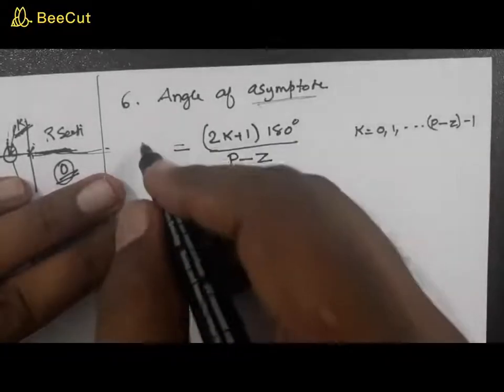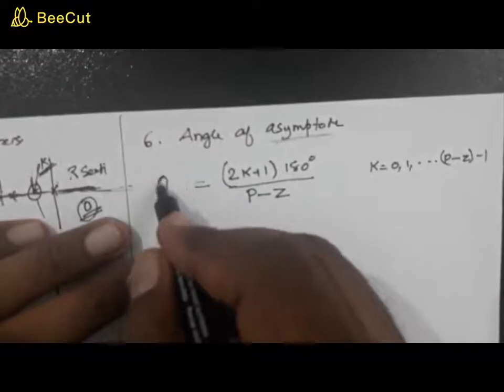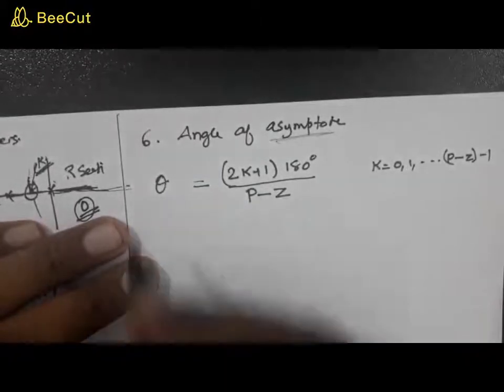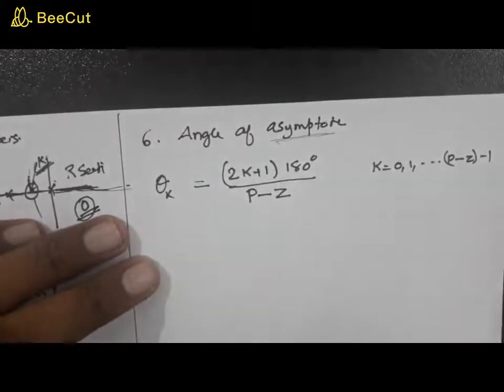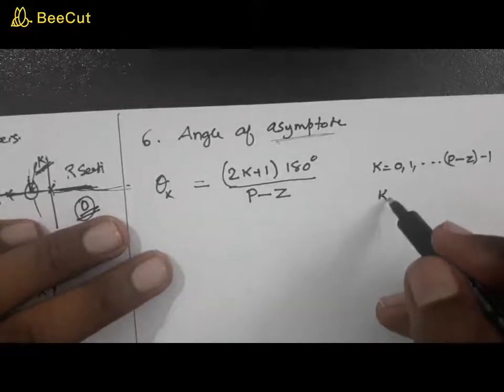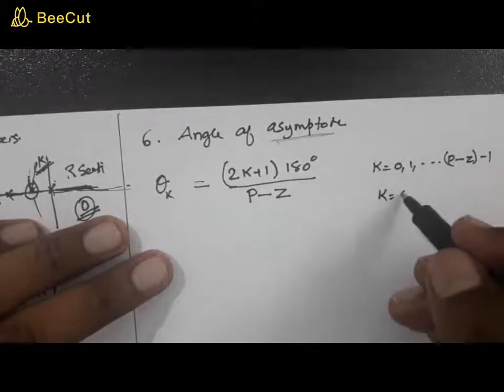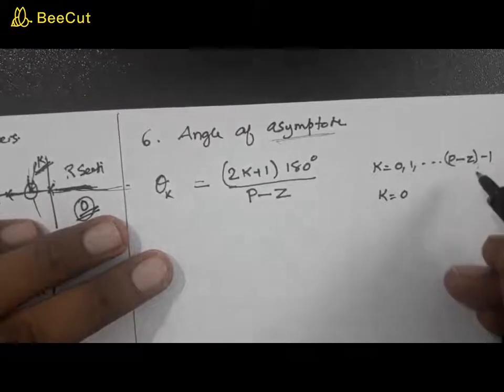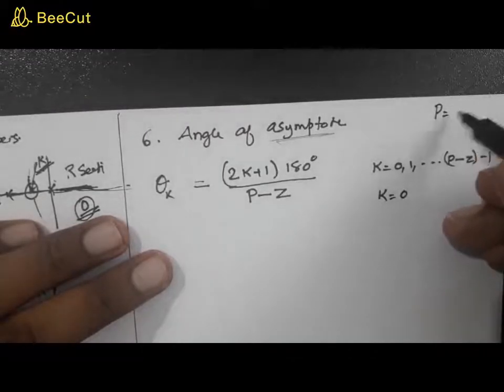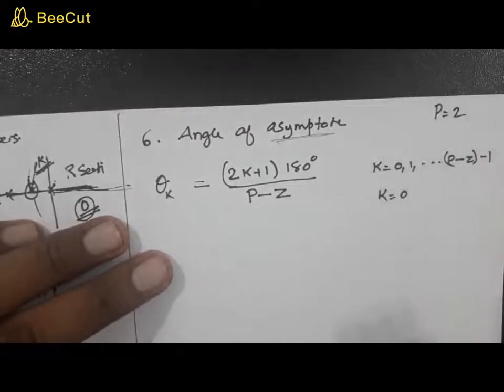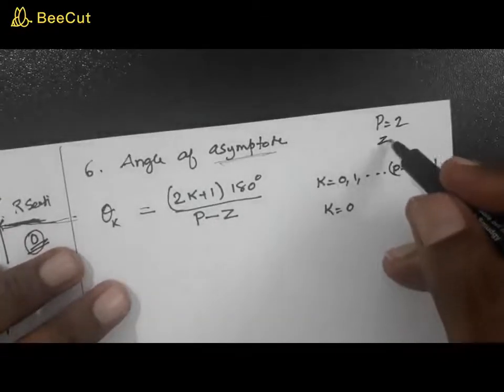So first of all, you need to find out the number of k's. K starts from 0 up to p minus z minus 1. What is p minus z? P is equal to 2 in this problem, and z is equal to 0.